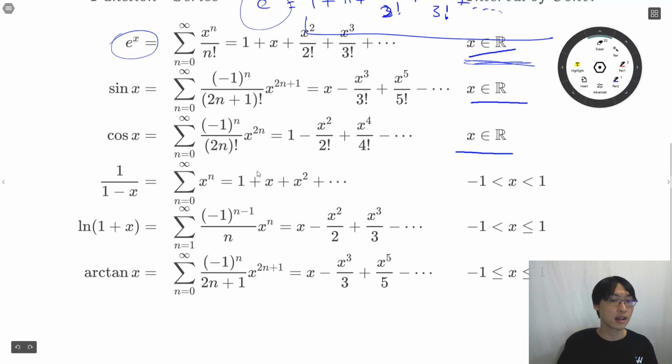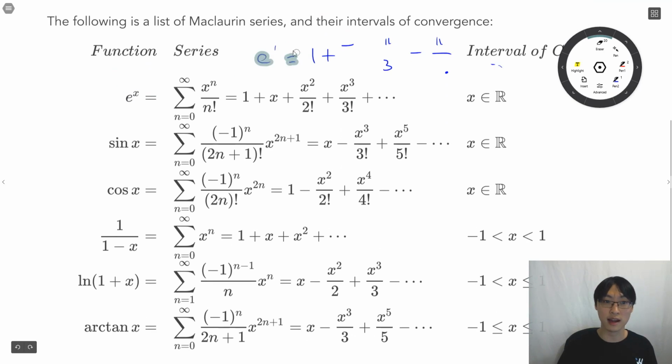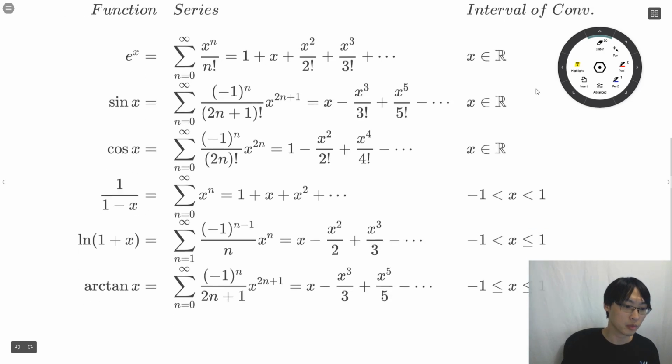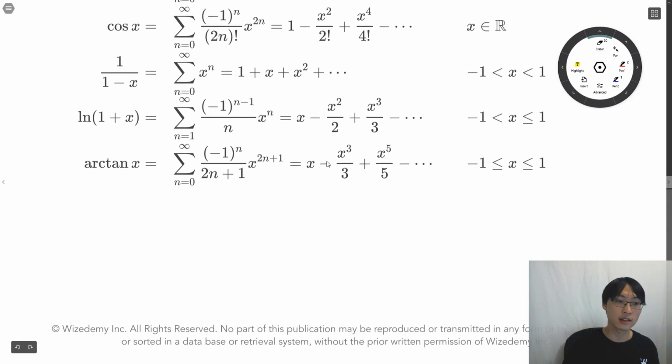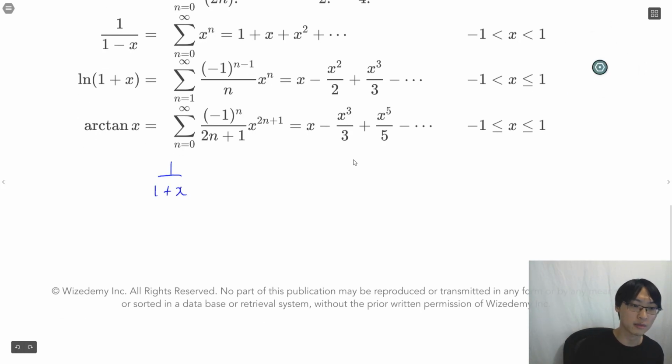And then we have the Maclaurin series for ln x and arctangent x. Arctangent x might be new to you, but how to figure it out is a method that you already know how to do. The derivative of arctangent x is 1 over 1 plus x squared.